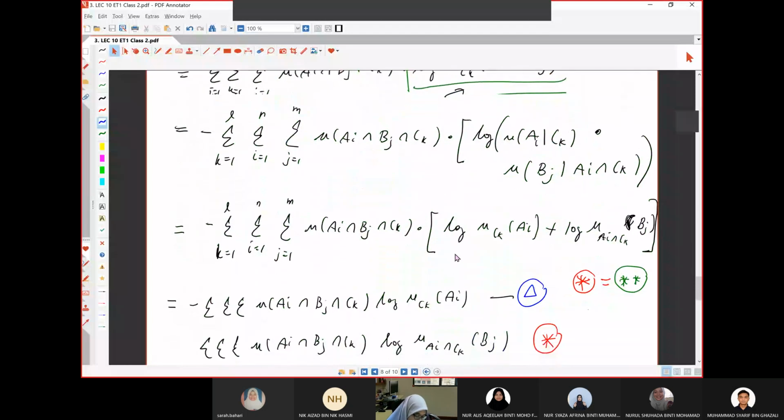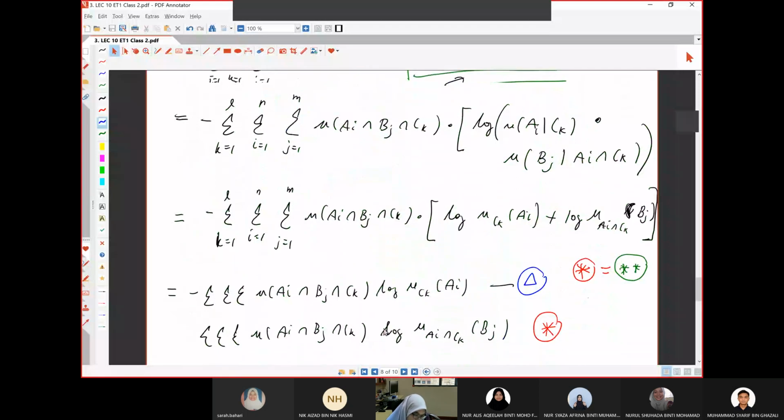Now I expand by multiplying these three sums with the log, and I got two types of expression, which are the triangle and also the red star. In fact, this red star is equal to the green triangle, the 2 star, because this is the second expression in the right hand side.